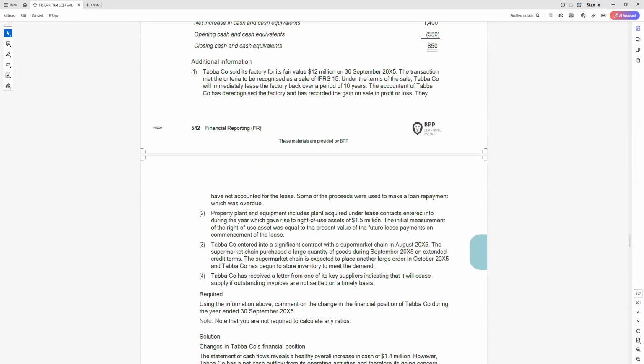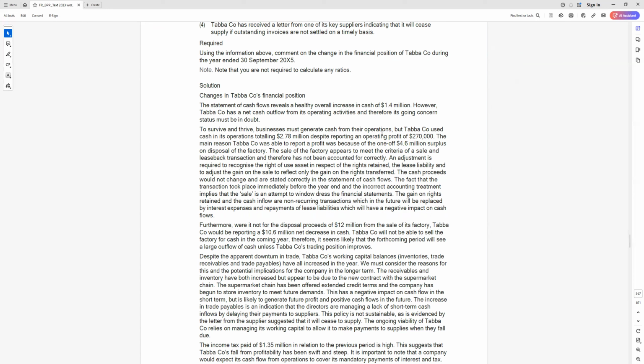Then it says to survive and thrive, a business must generate cash from operations. That always needs to be, because no one does business to make a loss. You have to have enough working capital in the business to pay the rent, bills and daily expenses, and to pay the supplier. Every business should have this.